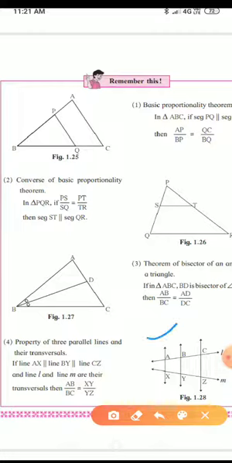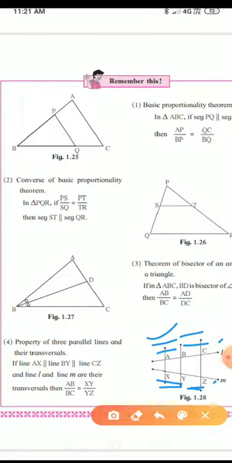In this diagram, the three parallel lines are AX, BY and CZ, and line L and line M are the transversals. Then according to this theorem, AB upon BC is equal to XY upon YZ, or in the opposite direction, CB upon BA is equal to ZY upon YX.